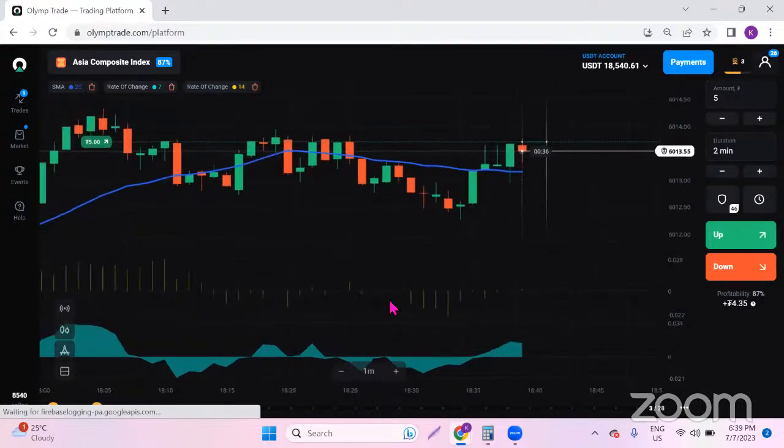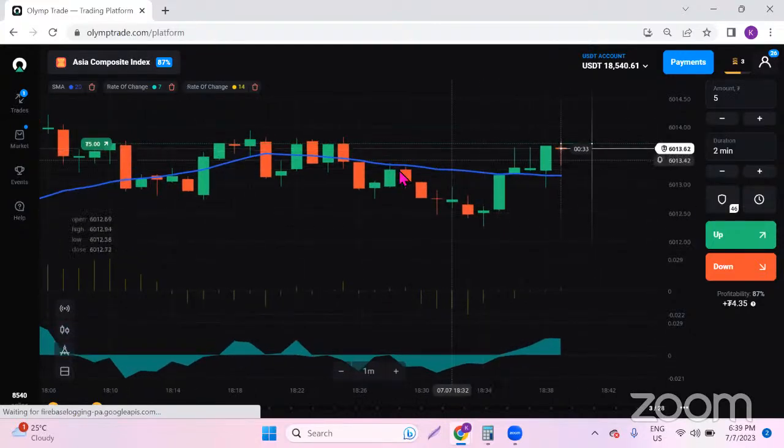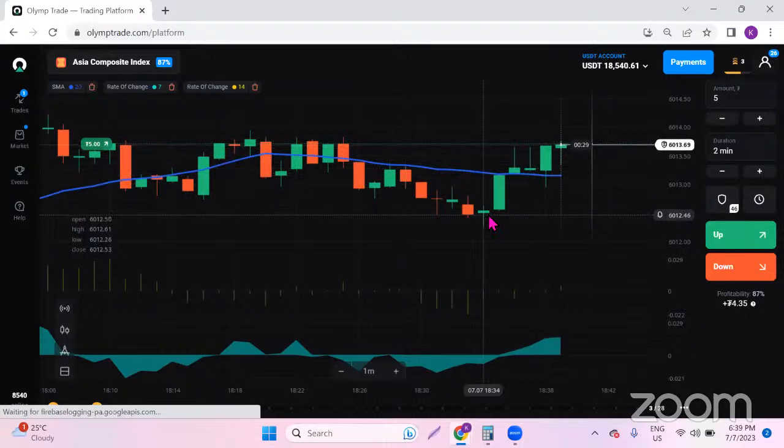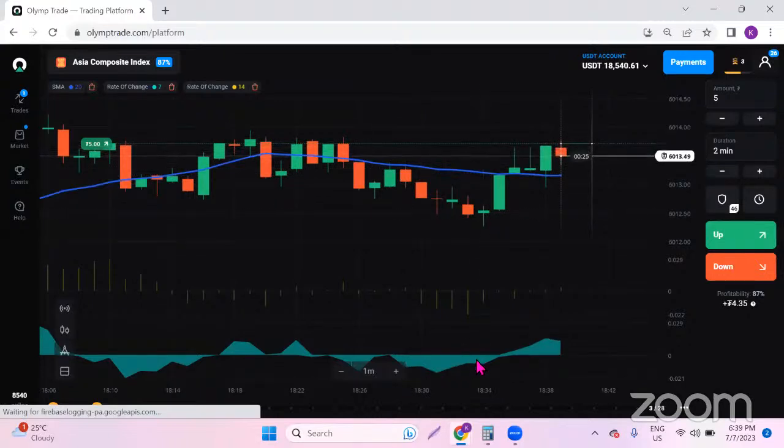All right. Also, if the candle is forming below the SMA 20 line, the histogram is below the zero line, and the ROC 14 is also below the zero line, it's a clear indication of opening a downward trade.